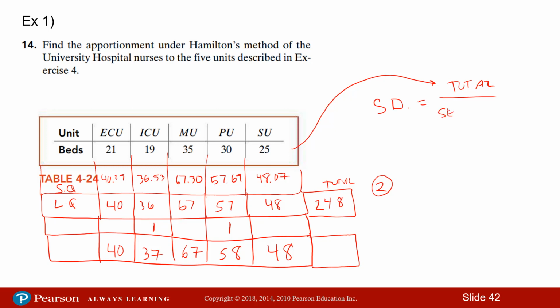In this case, you can say seats, or how many nurses. For this, how many was it? 250. It said in exercise 4 that there were 250 nurses that need to be split between the departments.